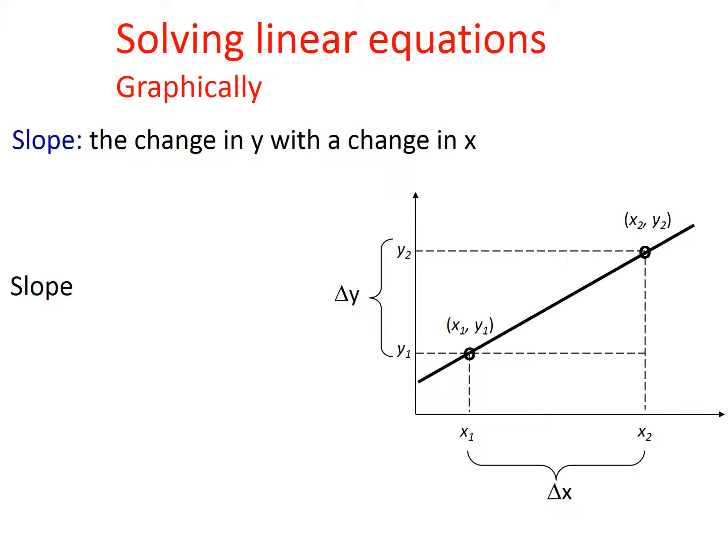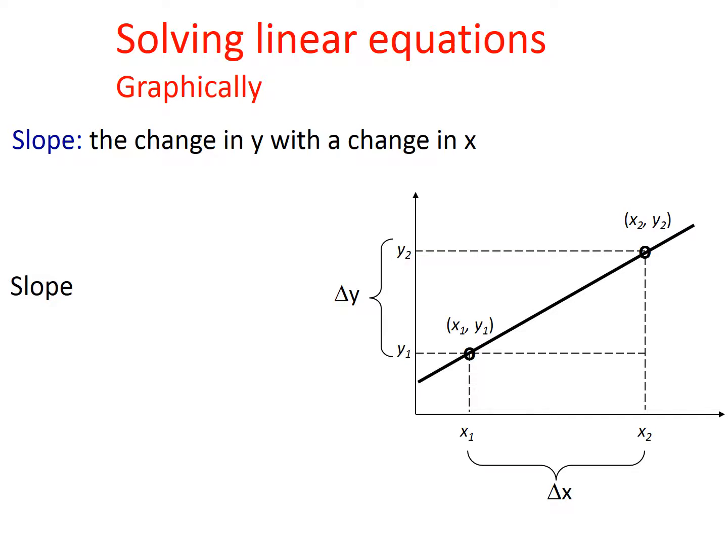So with just this data here, we can work out what the gradient is, because we know how far across we are and how far up we are. So delta x is 5 minus 1, and delta y is 4 minus 2, so that's 2.